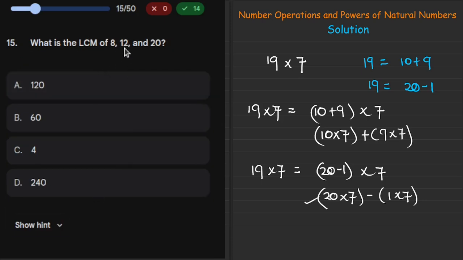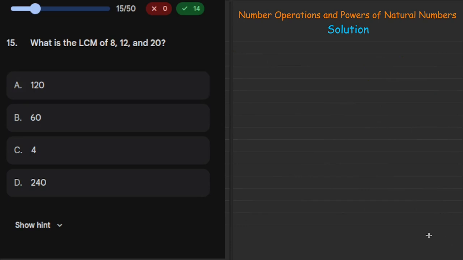Question number 15. What is the LCM of 8, 12, and 20? Once again, you can use the method of prime factorization and also the table method. I'll use the table method first, then we'll come to prime factorization so we see the difference between the two. You master the one that you want.